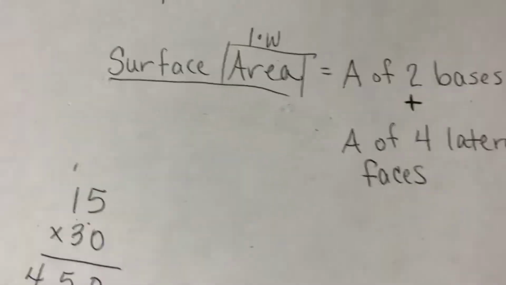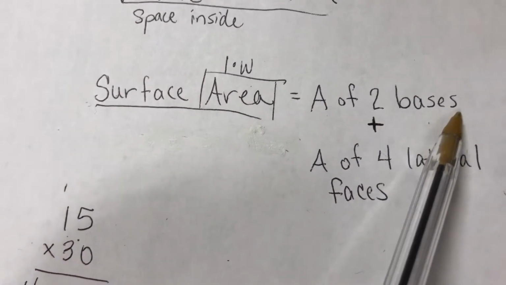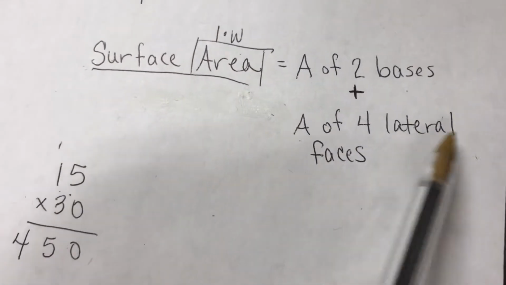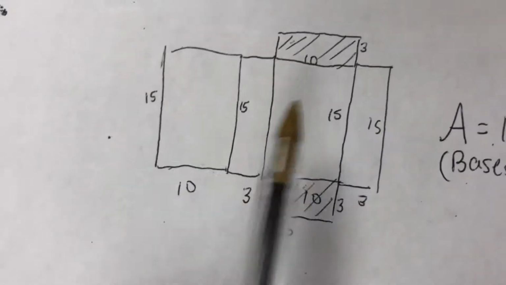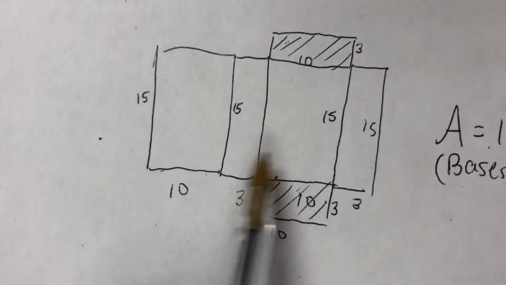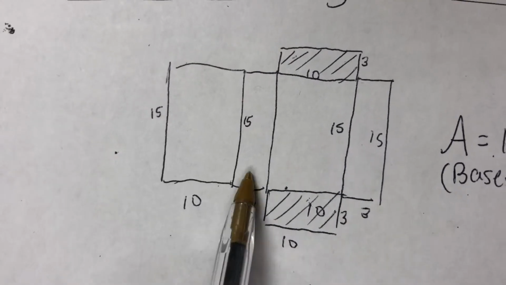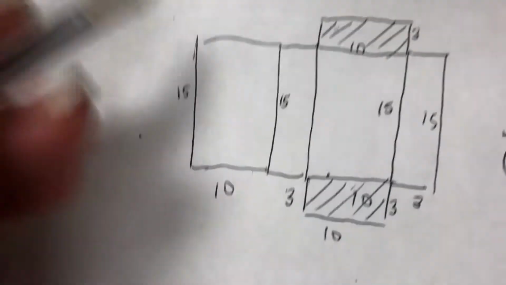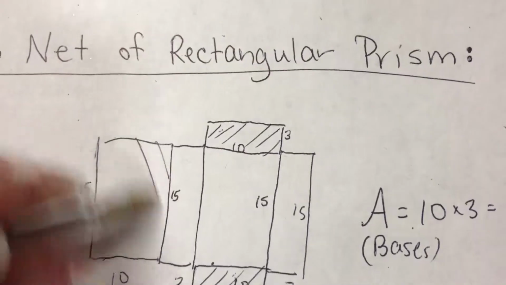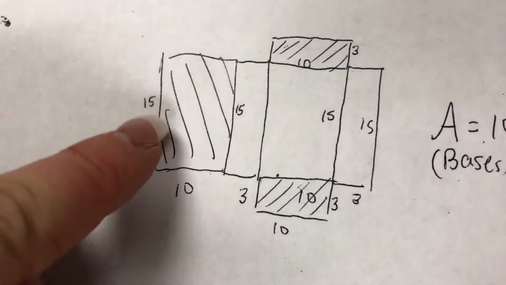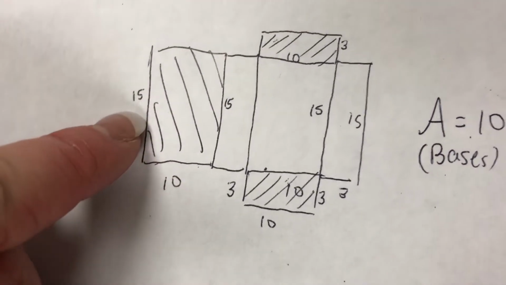Okay, remember, to find the surface area, I'm going to find the area of the 2 bases, which we found to be 60, and I'm going to add the area of the 4 lateral faces. So I've still got these 4 lateral faces, and it just so happens that these 2 are the same, and these 2 are the same. So I'm going to calculate the area now of this particular lateral face, which has dimensions 10 by 15.